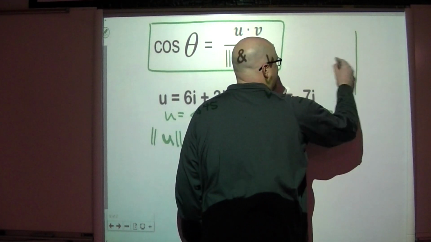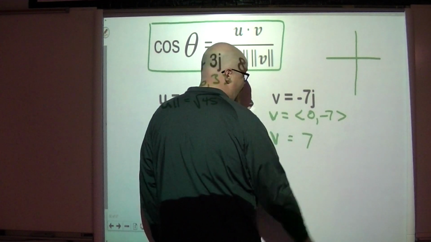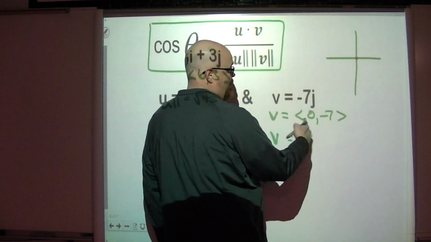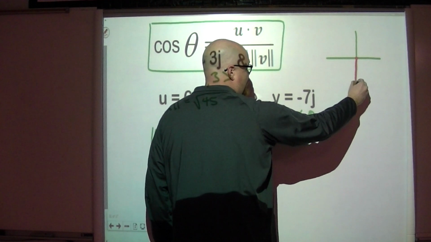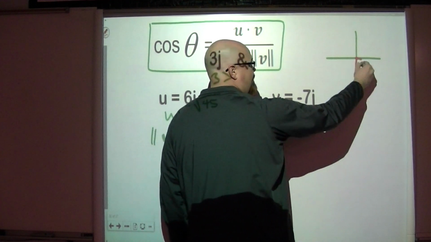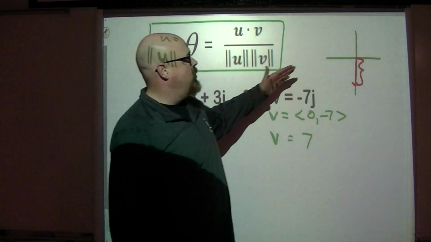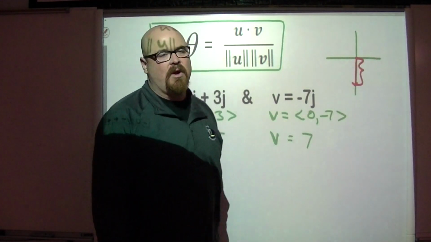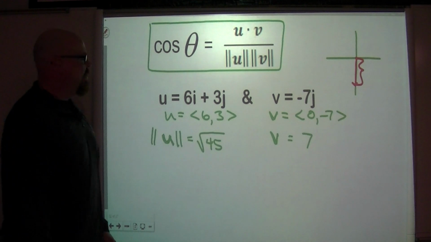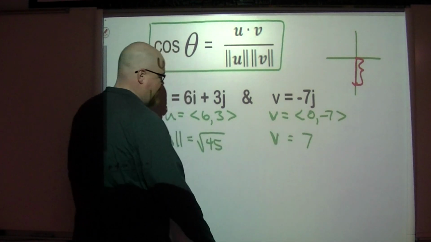Because the magnitude is the length, and if this vector goes from (0, 0) to (0, -7), then this distance is 7 units. We don't have to worry about going off on an angle and being the hypotenuse of a right triangle. So we have these two values for the magnitude.